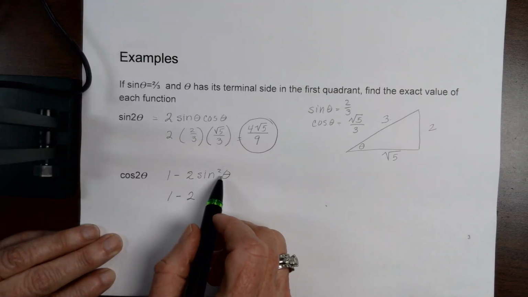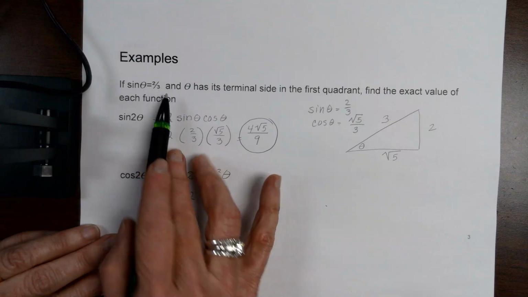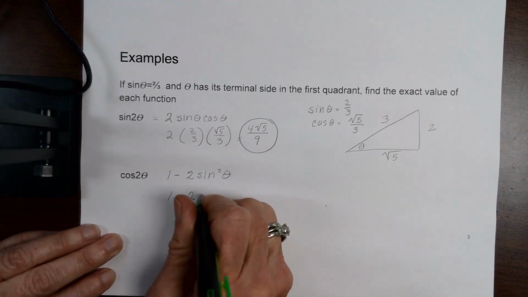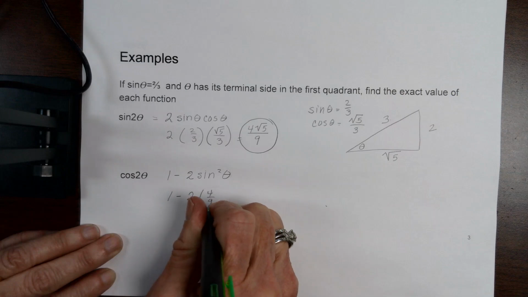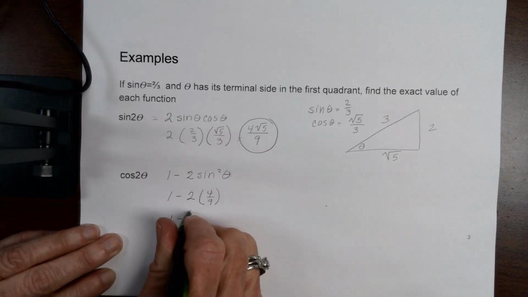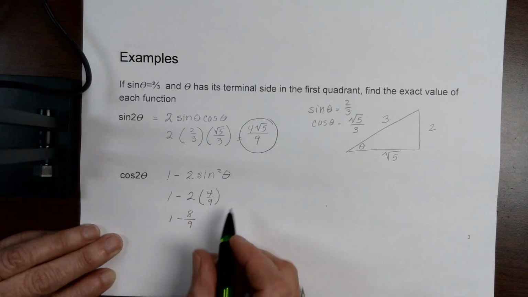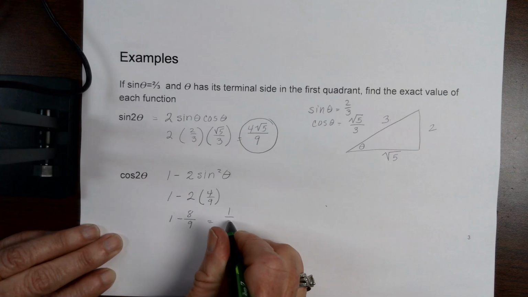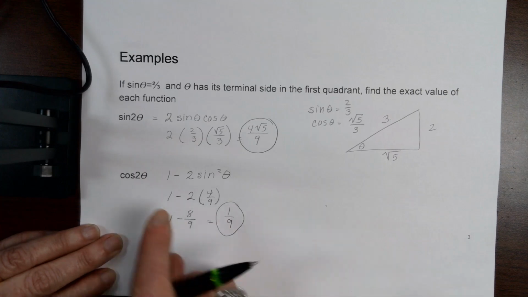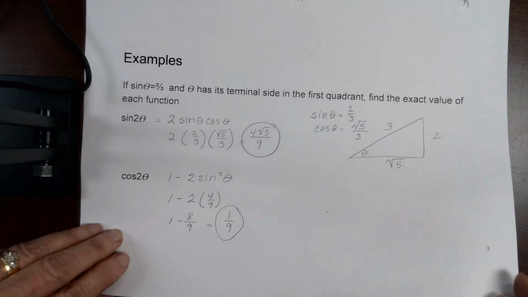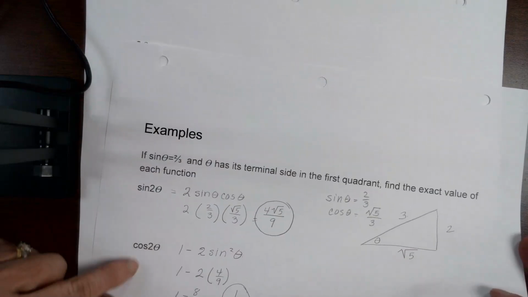The value of the sine is going to be 2 over 3, so I'm going to square it, and I'm going to make it 4 over 9. So I have 1 minus 8 over 9. This, of course, translates to 9 over 9, so I get a value of 1/9. That is the value of the cosine of 2 theta. Now, you're going to need those again in a minute.